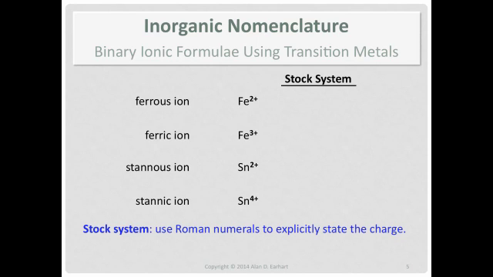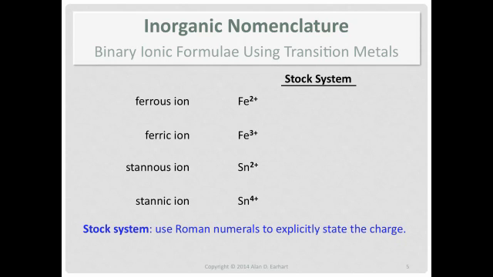This system was developed in the early 1900s by a German chemist named Alfred Stock, and you use Roman numerals to state the charge. Now, this is not going to be a retroactive system to everything we've done so far. The sodium ion is still the sodium ion. We're not going to add these stock numbers to it.